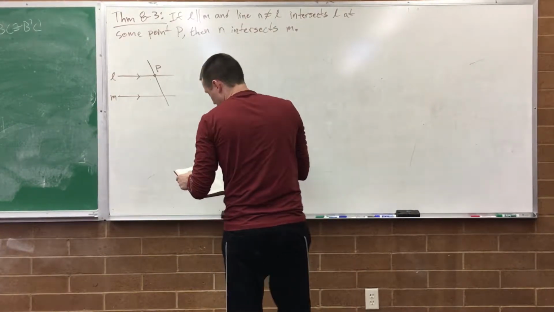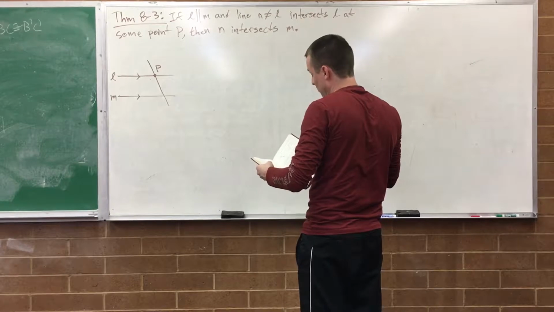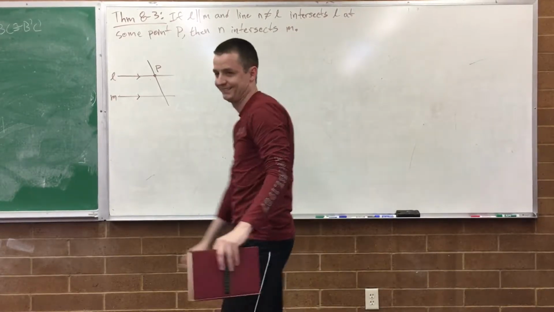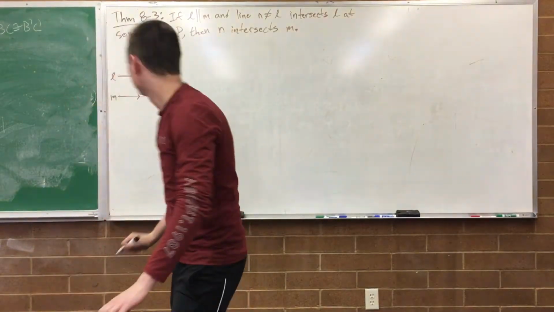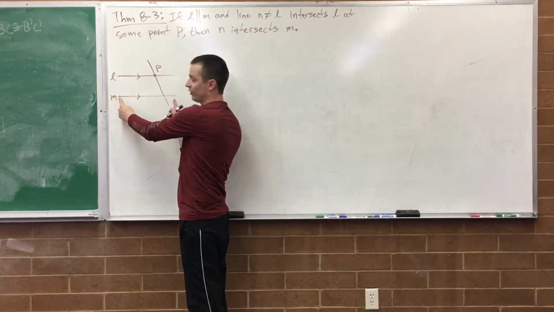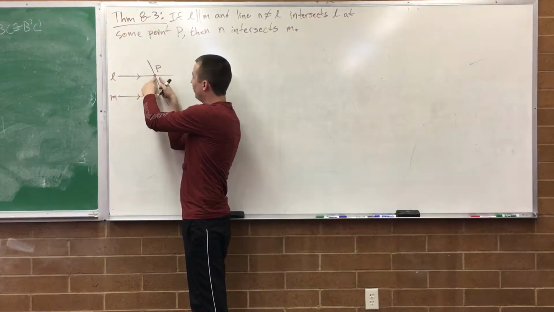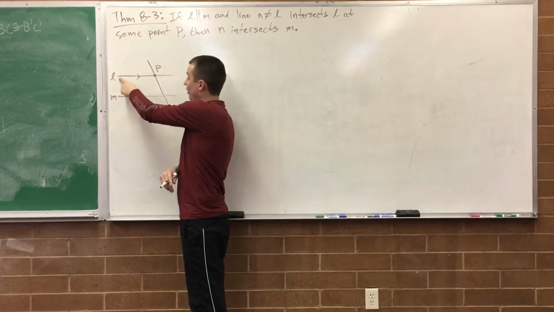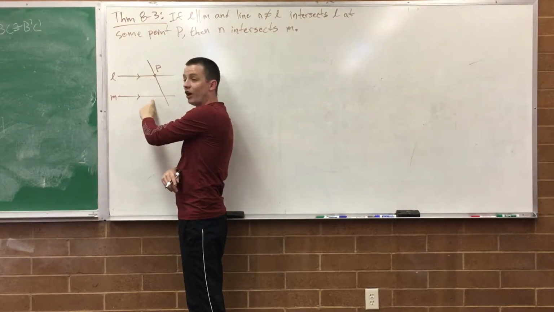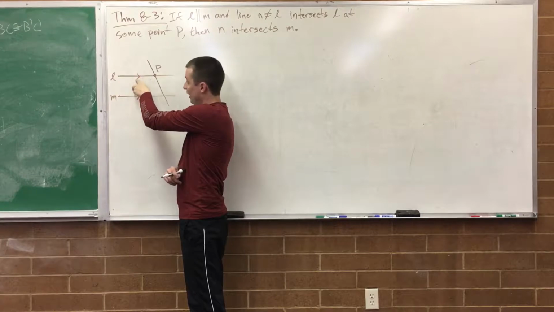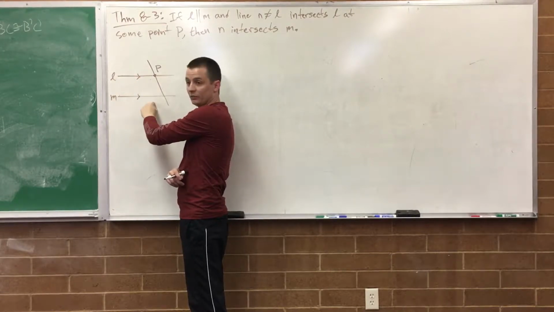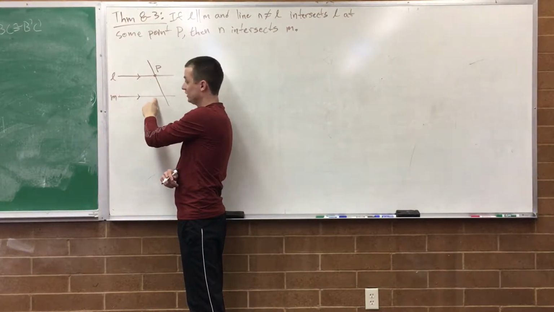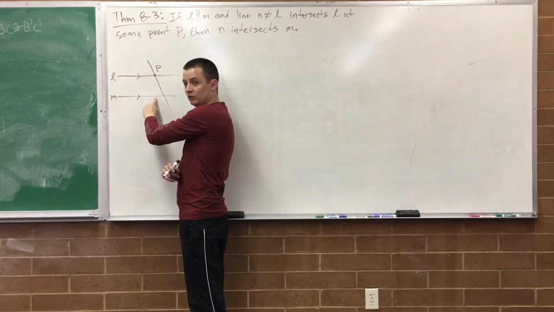Given, L is the only line on P parallel to M. Yeah, that's true. So, here's a line M. Here's a point P not on M. L is a parallel line through P not on M. There is only one line through this point parallel to M. That's our postulate.